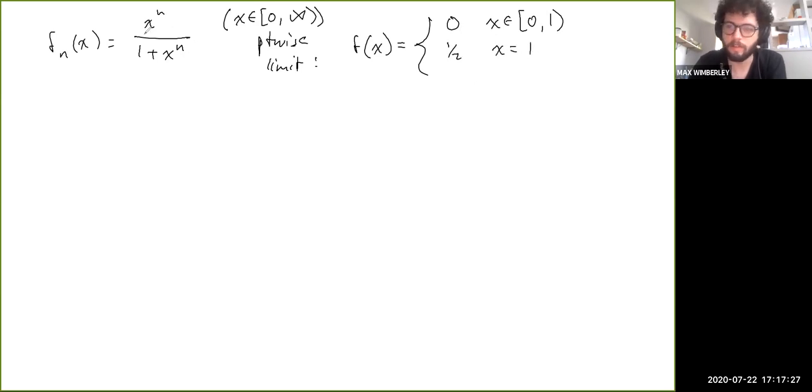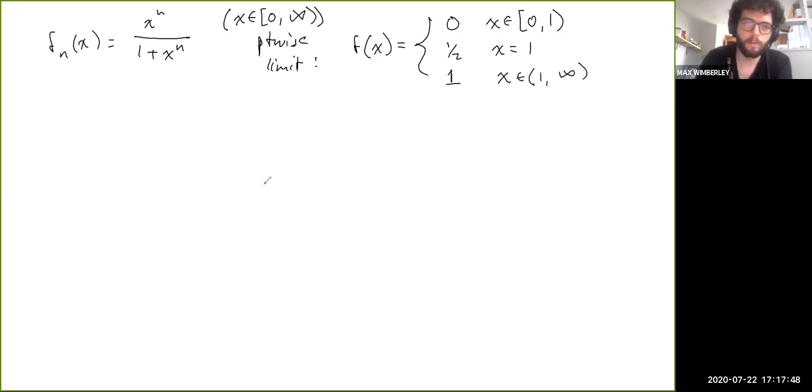And when x is greater than 1, x to the n approaches infinity as n approaches infinity, so this overall expression approaches 1. So this is 1 for x in (1, infinity).